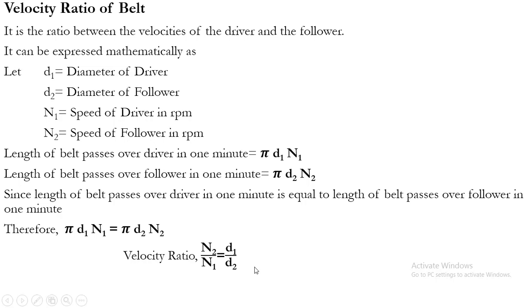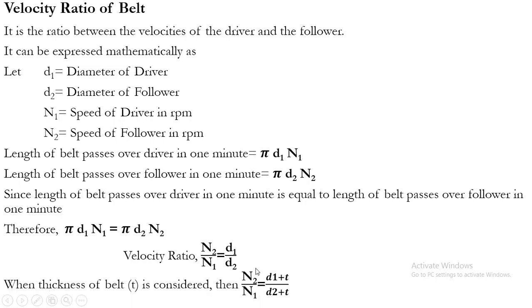If you consider the belt thickness, we give the expression as: when the thickness of the belt T is considered, then N2 by N1 is equal to D1 plus T divided by D2 plus T. D1 is the diameter of the driver, D2 is the diameter of the follower, and T, the thickness of the belt, gets added to both. So this is the expression for velocity ratio when the belt thickness is considered. Yes, you just go through this. I think this is enough for today's class.